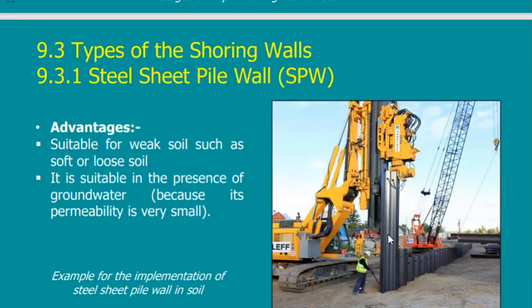Here is another photo. These are the pieces of the sheet pile wall. This is the machine, and the machine is pushing these steel portions to go inside the soil. So once I finish, I will have this wall. I can dig on any side of the wall, the left side or the right side.